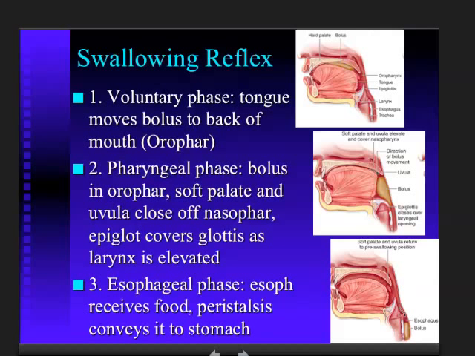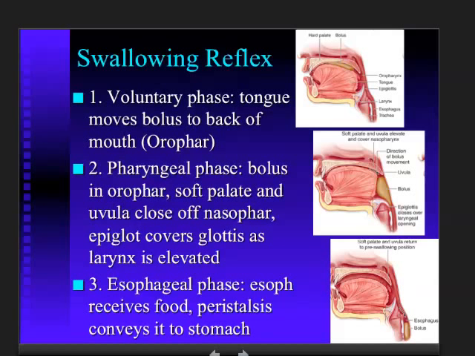And remember, skeletal muscle is actuated either voluntarily or by reflex. So as soon as food is presented by the voluntary phase to the oropharynx, the pharyngeal muscles there begin to move it down, and they raise the larynx.